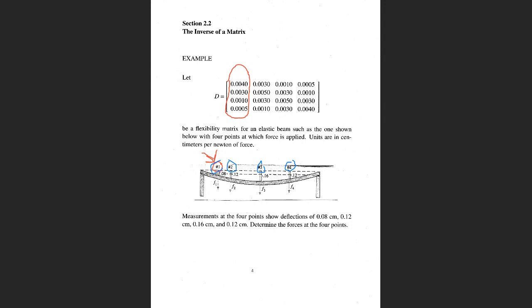Yeah, that's right, Benjamin. The first point. When you apply a force at point 1, there will be deflections on all 4 points of the beam, but the greatest deflection should be at the first point. And if you look at the first column, which value is the largest?